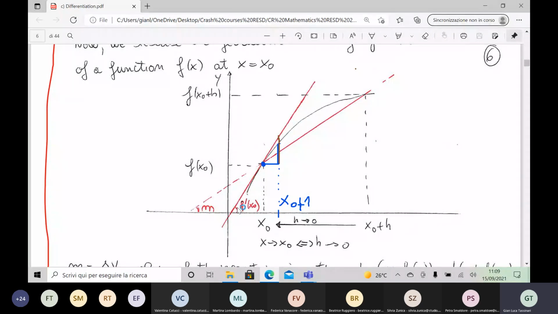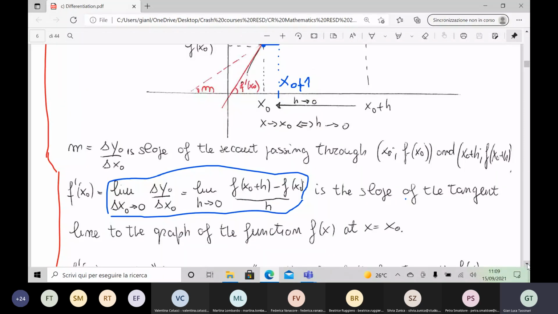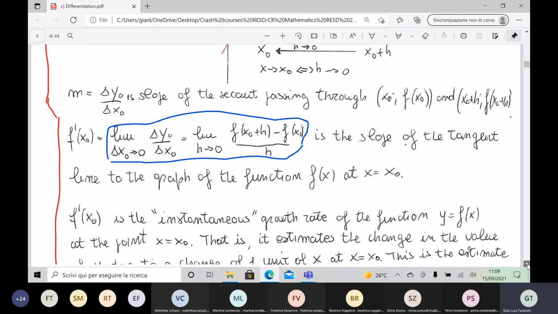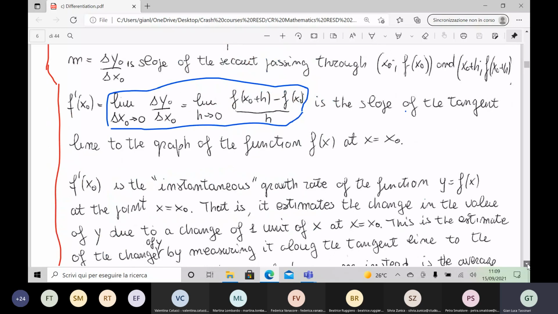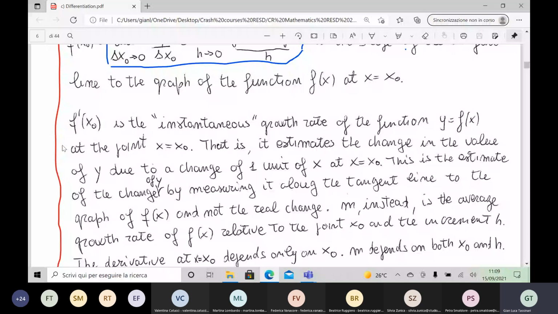So this is important. Now I tell you what is important, guys. Keeping in mind what I just showed you, we are at page 6. We read together, as I told you, f prime of x0 is the slope of the tangent line to the graph of your function at the point x0, and I've shown it graphically. So what does it mean in practice?